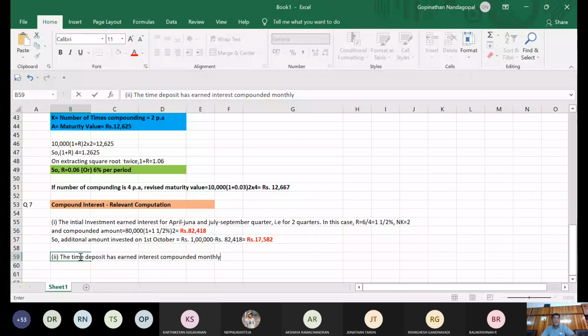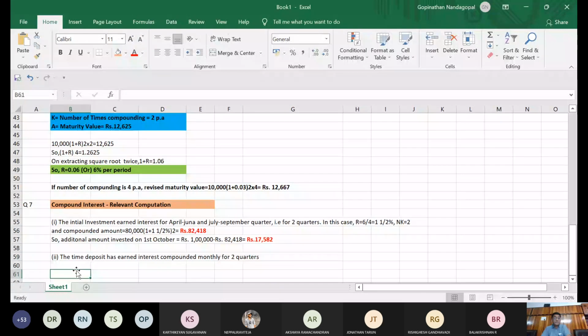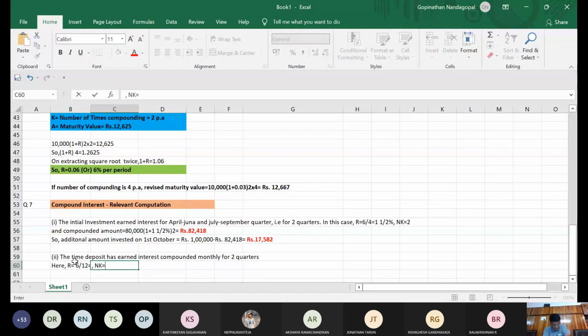So that means here R is equal to 6 by 12 percentage. That is, NK, the compounding period is 6, whereas P is equal to 1 lakh.